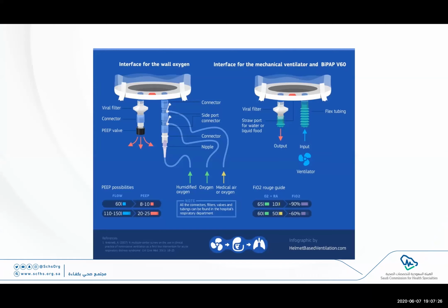This helmet can be functional via different systems. Maybe some of you have gone through the literature and you've heard that some of the helmets are actually connected in the patient wards, where they basically use this system utilizing the medical air and the oxygen in the wall without a need for any ventilation or ventilator systems.